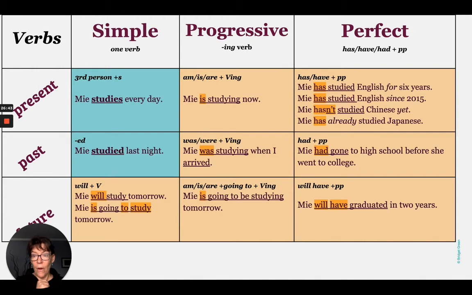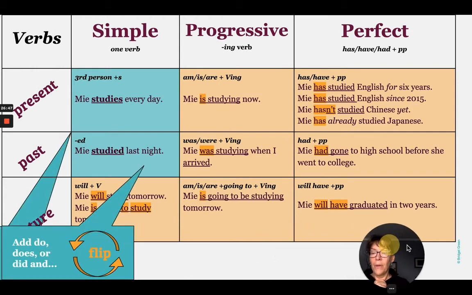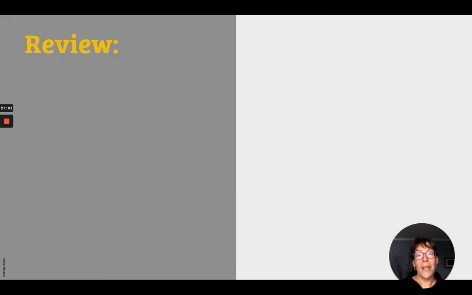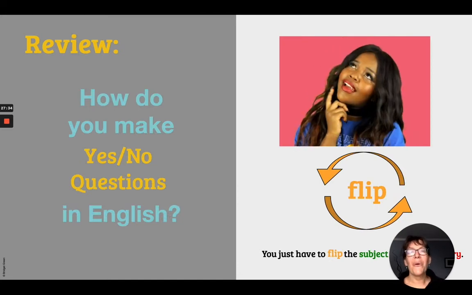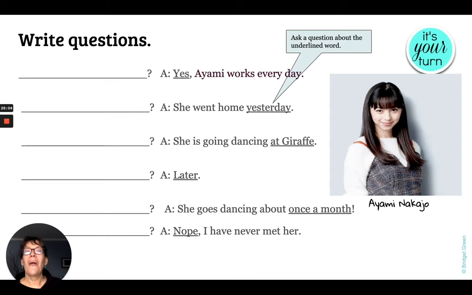Now, these other over here, these are the simple and the past, and we will add do, does, or did here, and then flip those. Okay, so just to remind you about how to make those questions. So let's review asking questions. Ask a question about the underlined word.